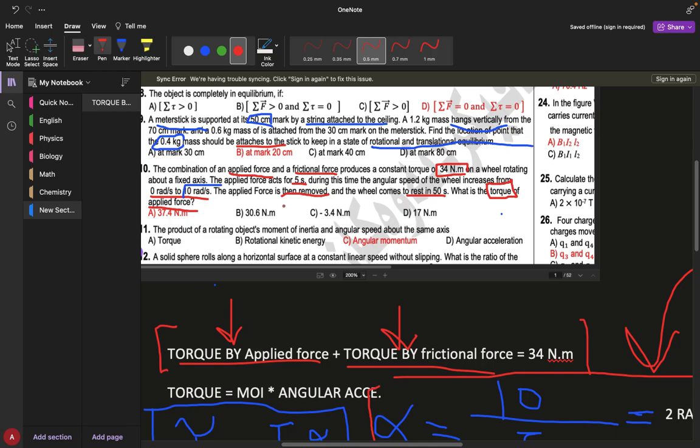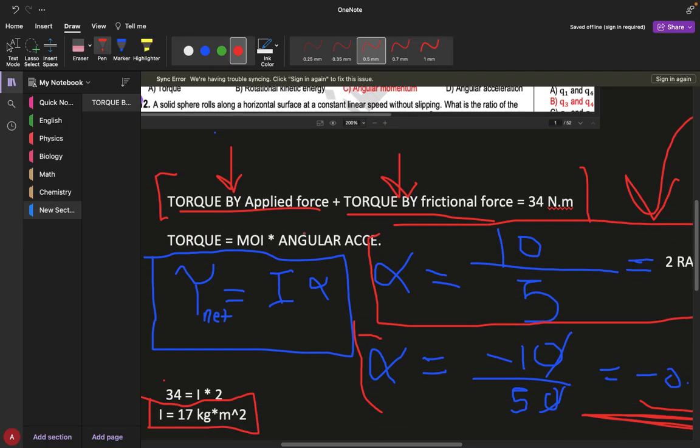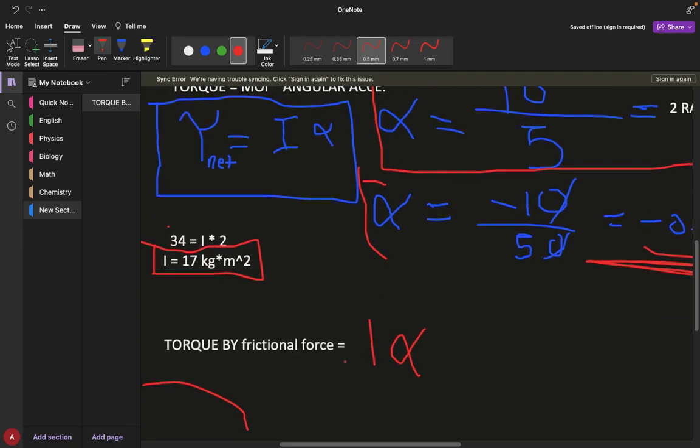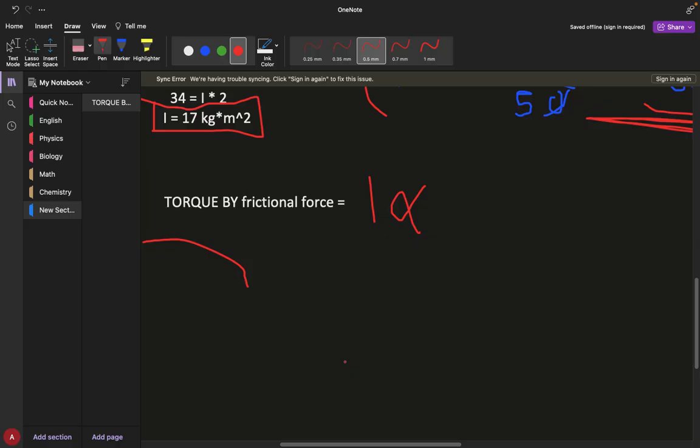No difficulties in finding it whatsoever. My moment of inertia is constant for an object that doesn't change, unless it's stated that it changes. So we have 17 times negative 0.2, which is negative 3.4 Newton meters. This is the torque by the frictional force.